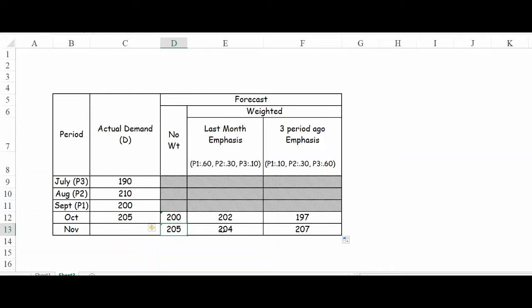If you did a weighting in which this October's was more important and this one was less important, you'd say run 204. If you thought the old data was better than the most current data, you'd say run 207, because this 210 is saying I'm giving 60% of my value to that number. And so that's how that really plays out.